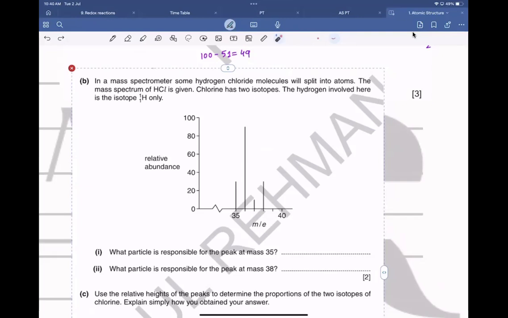It would just be chlorine, the other isotope. And it is further justified as we are getting another signal at 38, which must be HCl with chlorine 37. Very good. So it means that at 35, it is chlorine 35, and at 38, it is HCl with chlorine 37. Is this clear? Yes.